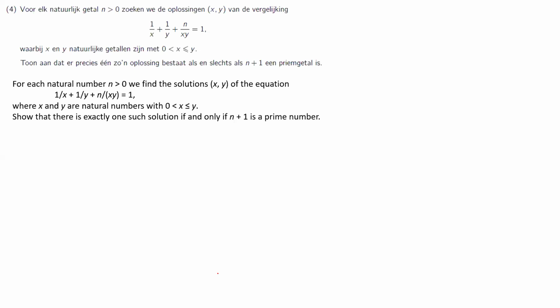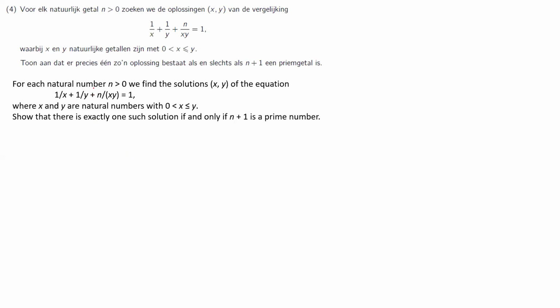Problem number 4. It's quite easy. I don't think that's a good question for the level of the finals of JWO. It is a kind of number theory question, right?